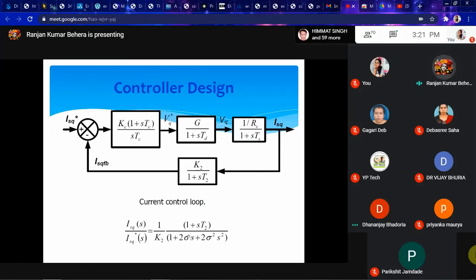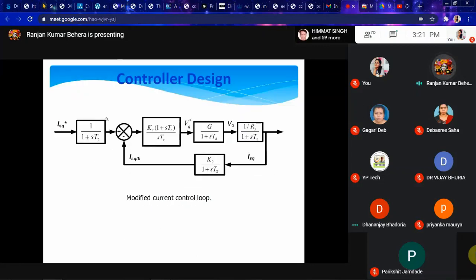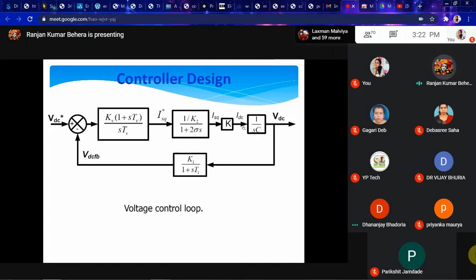So to cancel this zero, in the feed forward path we multiply by 1 plus sT2, and this will stabilize the system, where it will cancel out the 1 plus sT2 zero. So this is how we have a design.